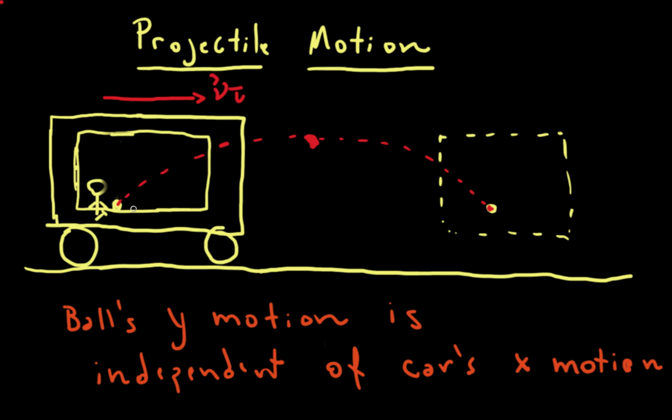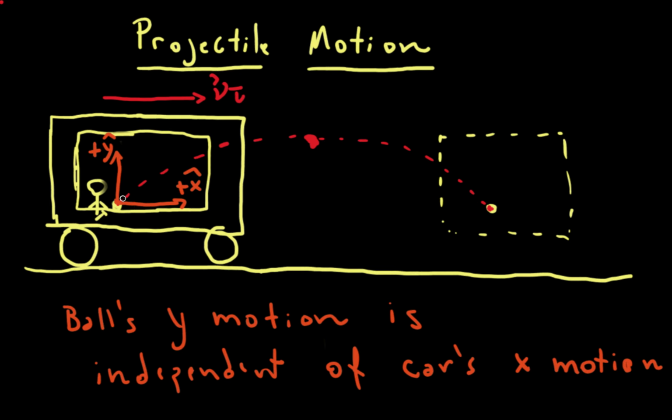In this statement, I already assigned a coordinate system in which this is the plus y direction and this is the plus x direction. What do I mean that the ball's y motion is independent of the car's x motion? It means the ball undergoes its y motion going up and down inside the car, and the only reason you observed a parabola is because you also observed the car's x motion.